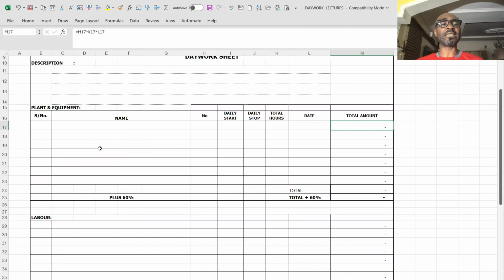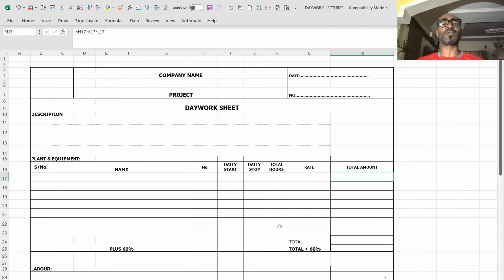After understanding this, let us take a typical example. Say I am instructed to carry out a job, and the work requires that I deploy a crane, say a mobile crane.